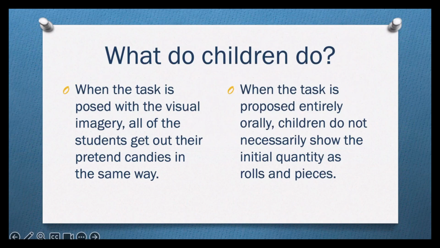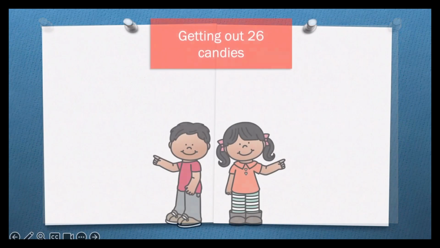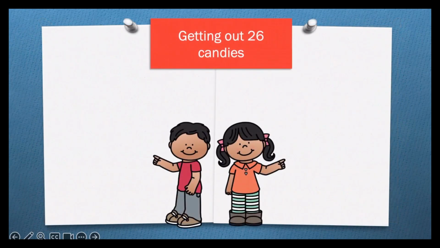The way they get out the initial quantity is often very revealing and can help the teacher understand something about the children's current conceptions of tens and ones. We will consider several examples of students' activity when the task is posed orally, using examples taken from classrooms that we have visited. The first step in acting out this task is to get out 26 candies.